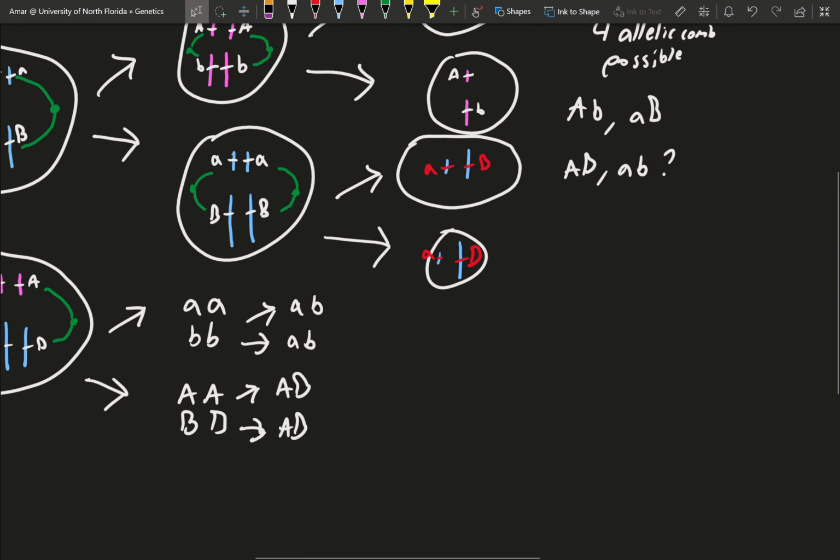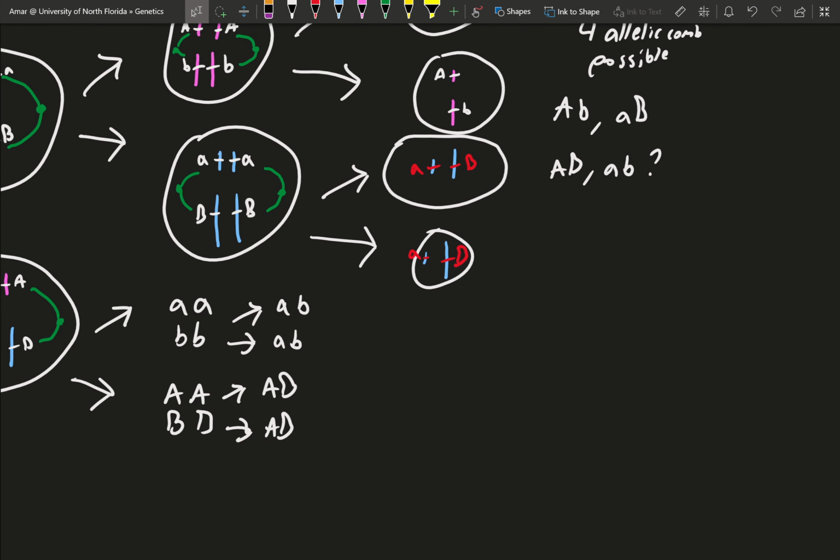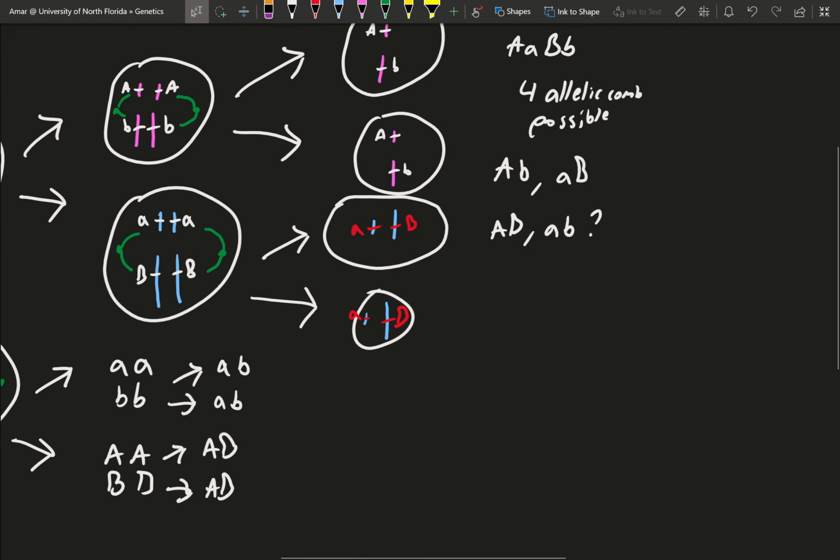And just remember that during gamete formation, you have millions of rounds of meiosis occurring every single time. So yes, you are getting little a, little b here, and big A, big B here.